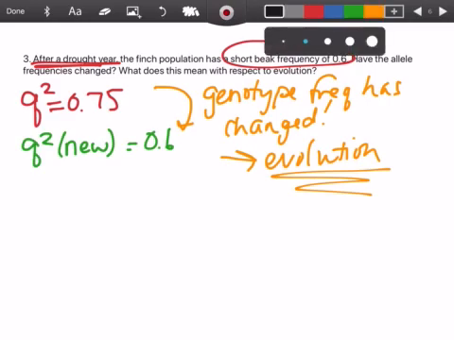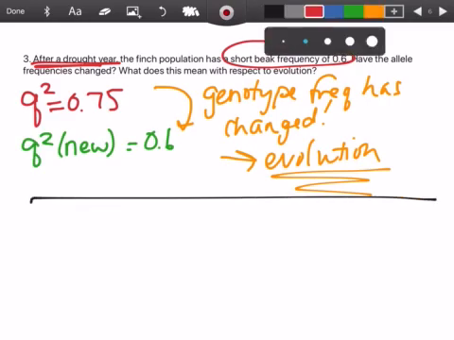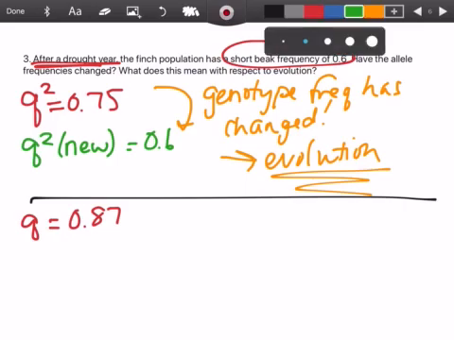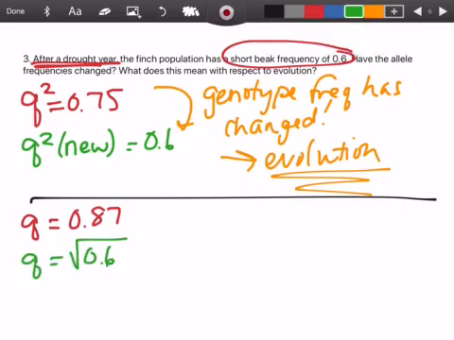If we look at the q value of our previous population, q is equal to 0.87. The q value for our new population was 0.6. Excuse me, sorry, I forgot to write this one down.